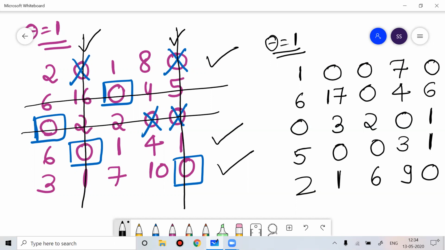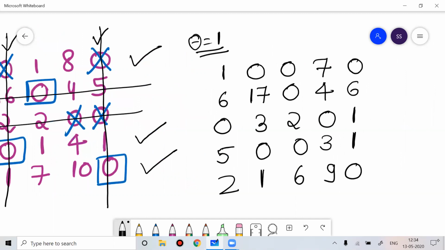Now do allocation on them. Now if you do allocation on them, first row nothing can be done, second row one 0, so do allocation.